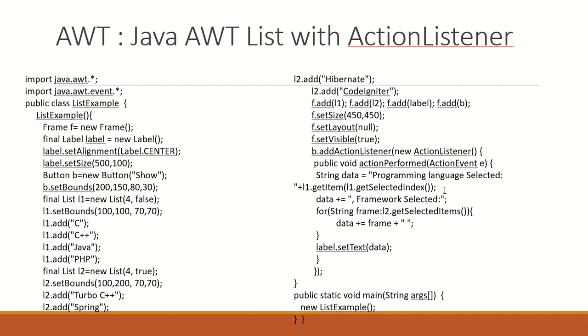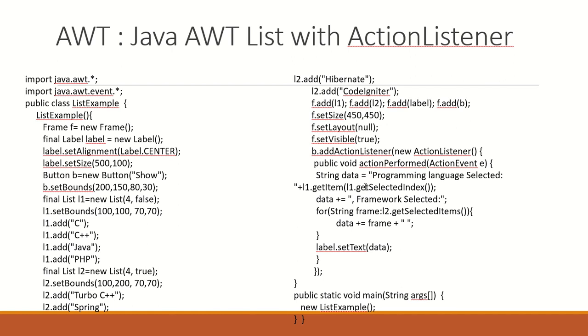So 2 will be returned by the get selected index method, and that will be taken to the get item method. The get item method is going to retrieve the item stored at the index 2. So L1 dot get item at 2 will retrieve C++. So, "programming language selected C++".